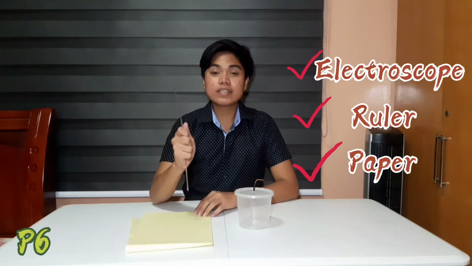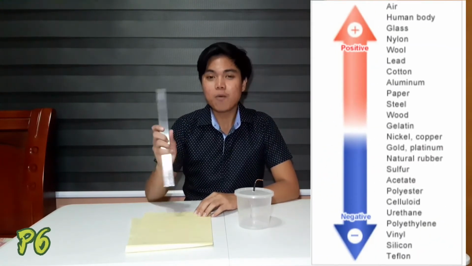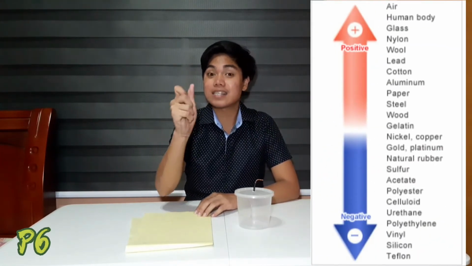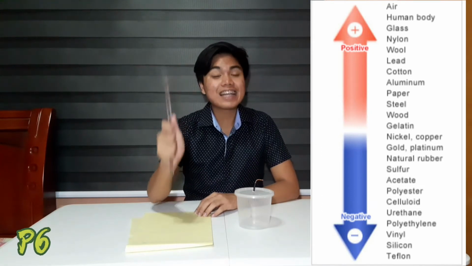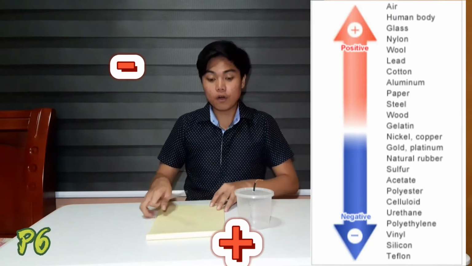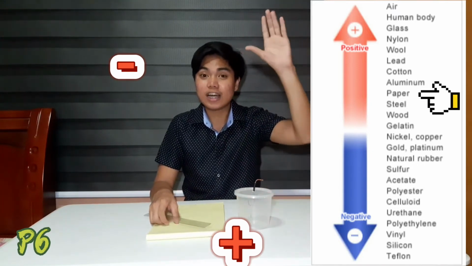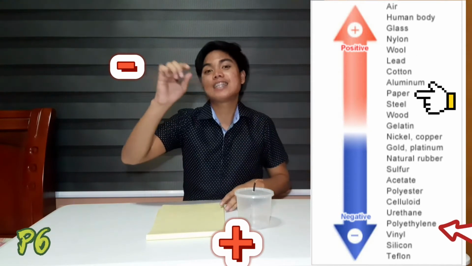So our first step is to rub this ruler here in the paper. Basing from the triboelectric series, we can say that this plastic ruler will be negatively charged and this paper will be positively charged. For this paper is at the positive part of the triboelectric series chart and this plastic ruler is at the negative side.